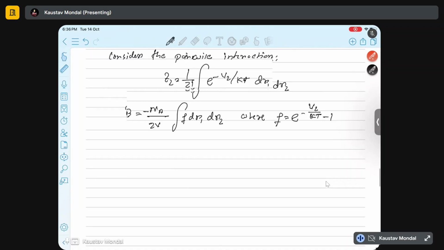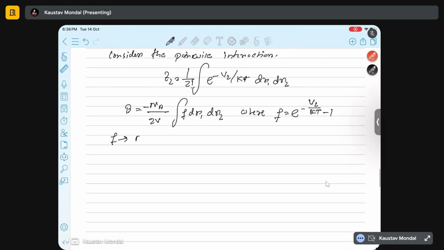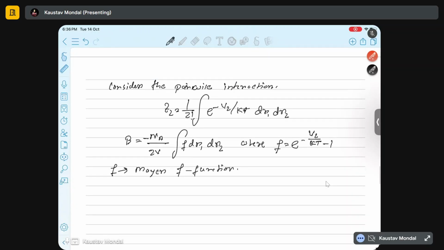This f is basically known as the Mayer f function. For the sake of this course, how this expression relating B with f comes about is not our interest, but this result is very important. How the virial coefficient is related, the relation itself is very important.